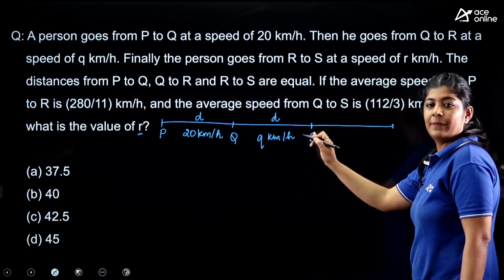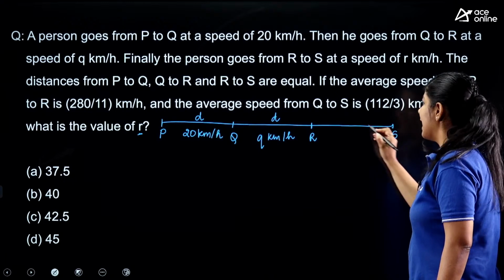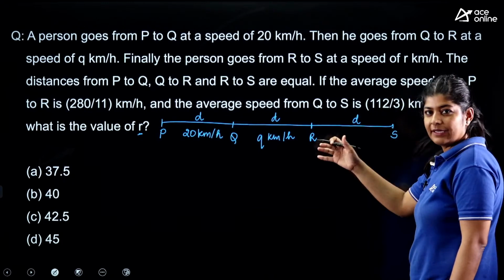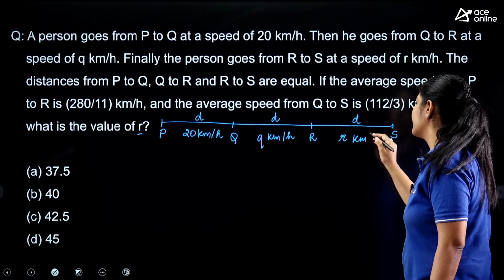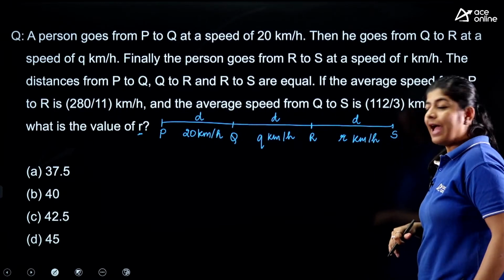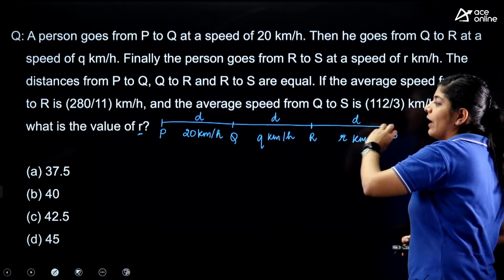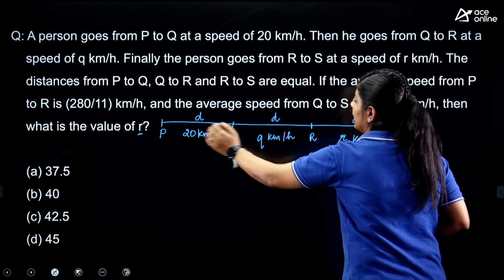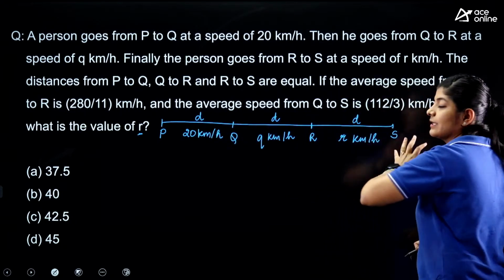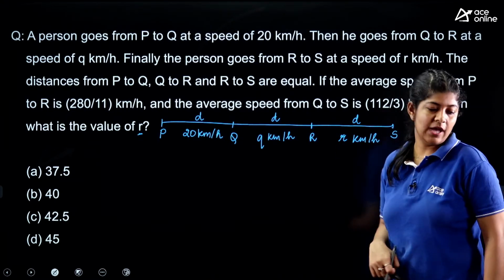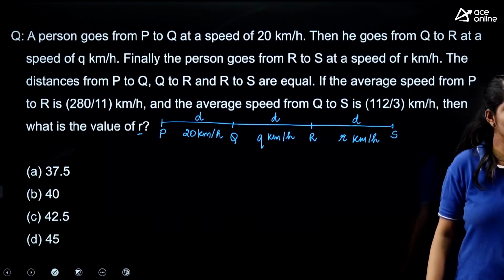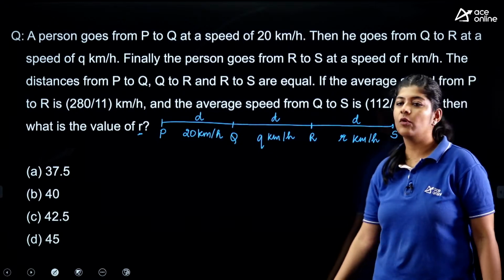Now he went from R to S, covering the same distance, but the speed is r kilometers per hour. In the same way, you have the average speed from P to R and from Q to S. With the help of these values, you need to figure out the value of r.